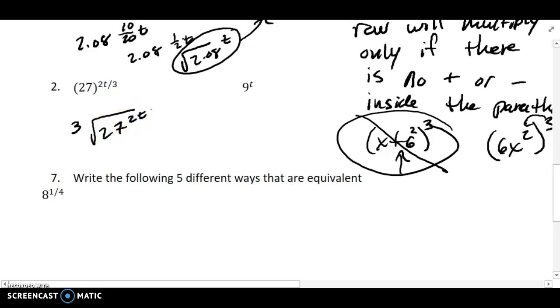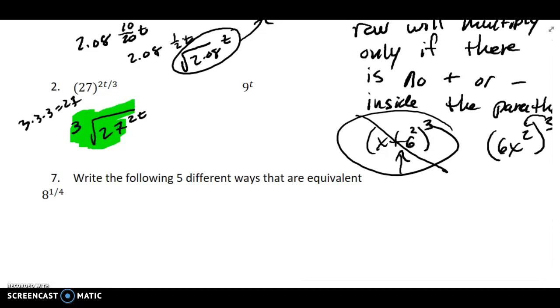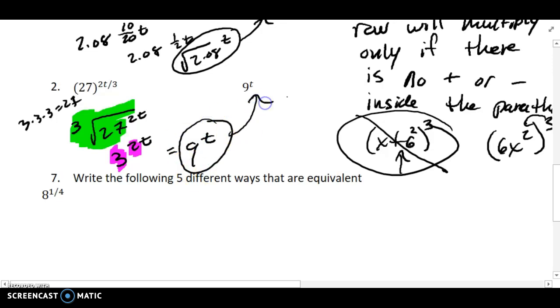The third root of 27 is 3, because 3 times 3 times 3 is 27. So all that I'm highlighting is going to turn into a 3, and then the 2t comes down. Well, what is 3 squared? 3 squared is equal to 9, and the t is going to come over, and we've matched.